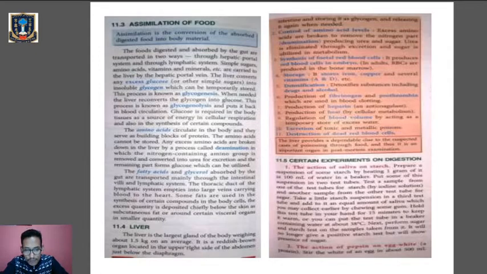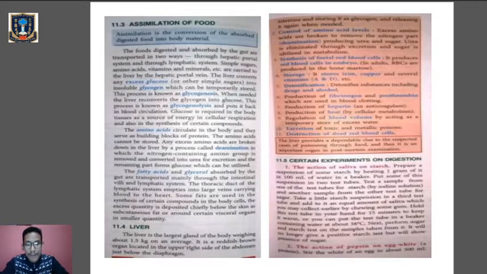In this process the nitrogen groups are removed and converted into urea for excretion, and the remaining part forms glucose, which can be utilized again.